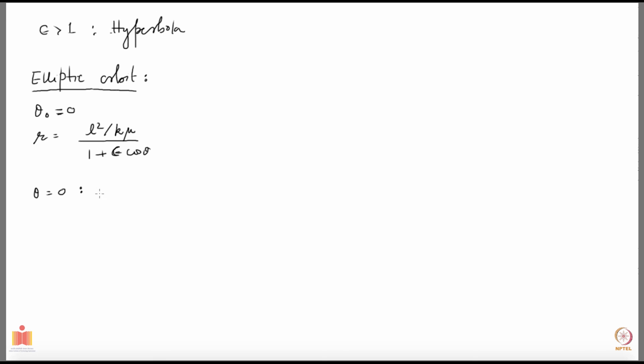So at theta equal to 0, R goes to R minimum. And as theta increases, your R increases, because when your theta is increasing, this thing is going down, so R is going up.